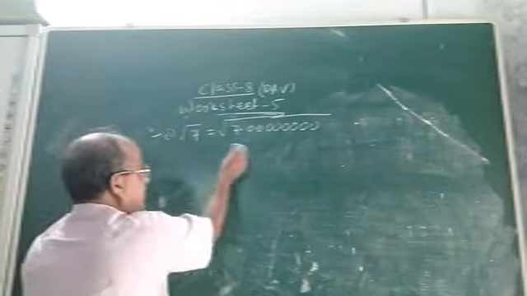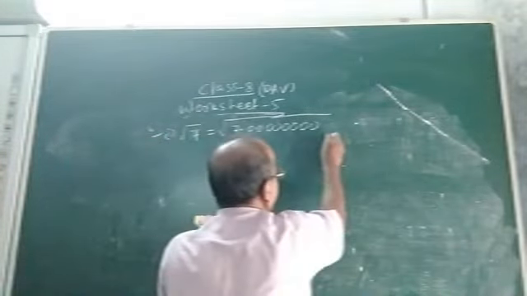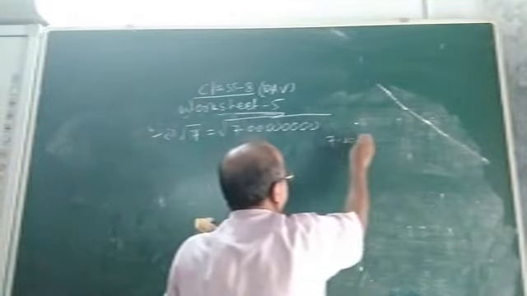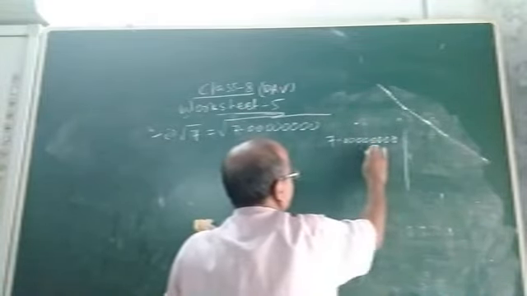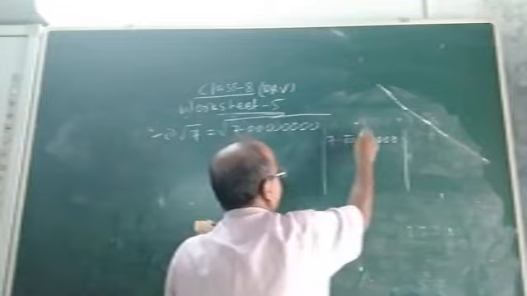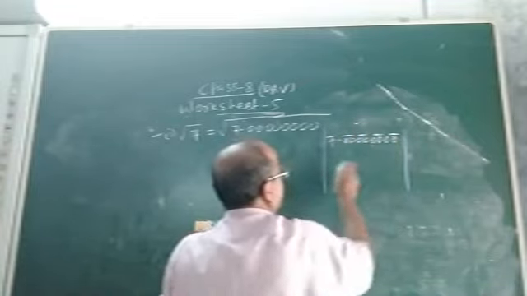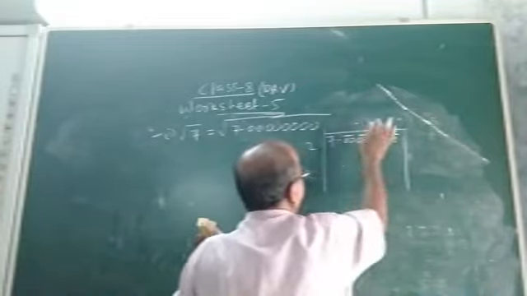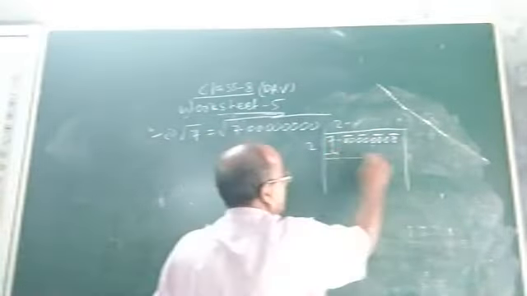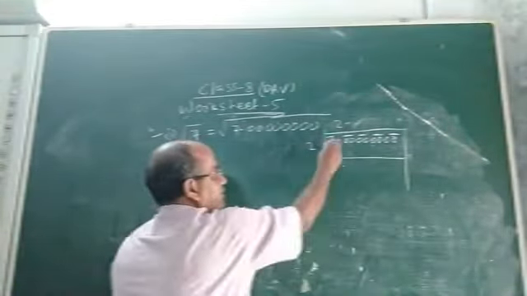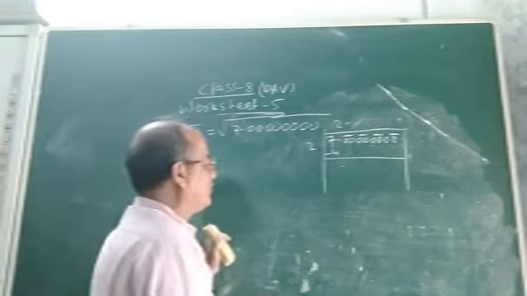Now let us find the square root of this number by long division. See, 0 0 0 0 0 0 0 0, there are 4 pairs, 1 2 3 4. So now you put 2. 2 2s are 4. You cannot put 3 because 3 3s are 9, which will be greater than 7. So you have to put 2.